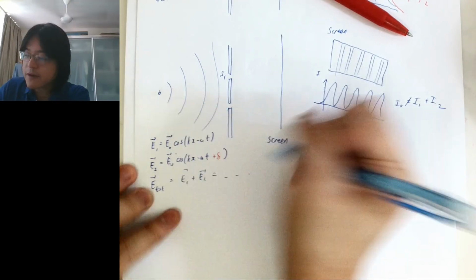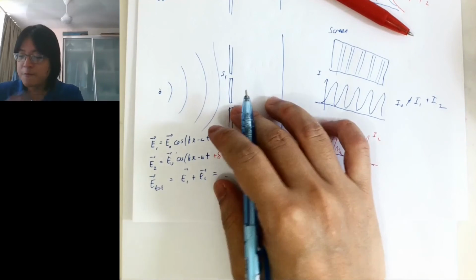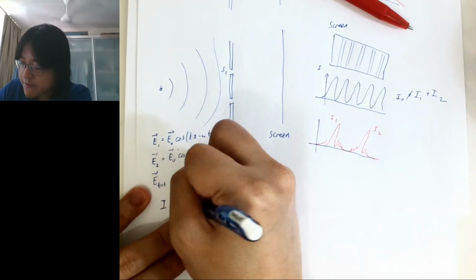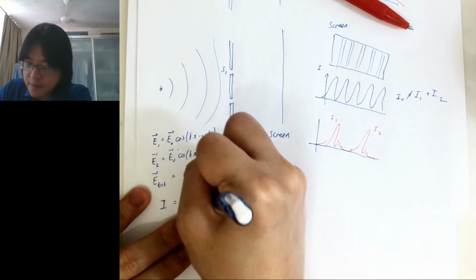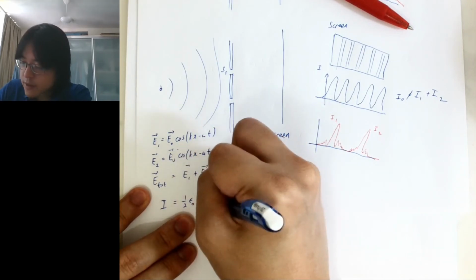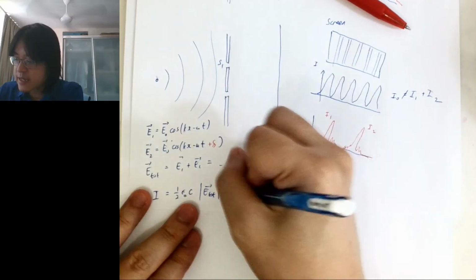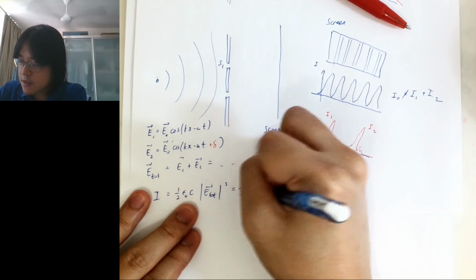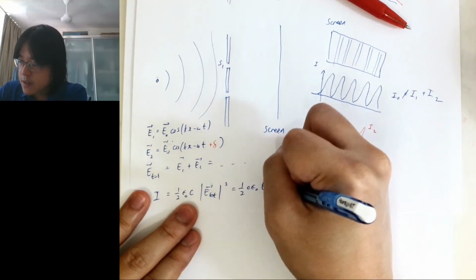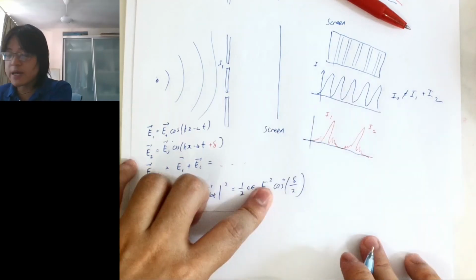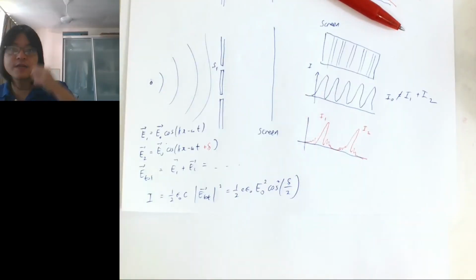We are not doing an EM course, but the main point is that the intensity is half epsilon c times E total squared. So after you interfere, you get half c epsilon, then the magnitude squared, and then cos of the phase difference over 2. So there is a cosine squared graph, and this is why you get the cosine squared.